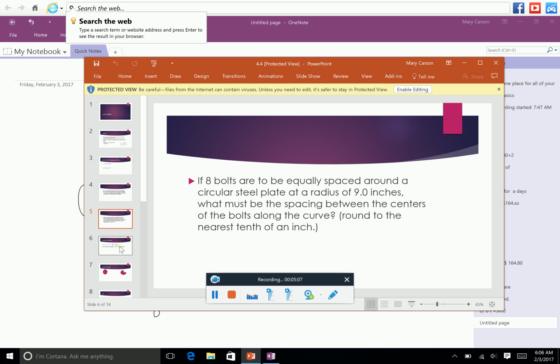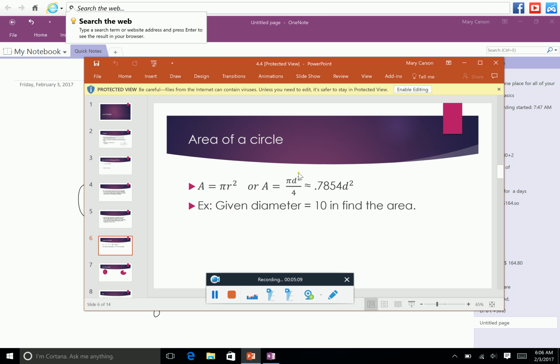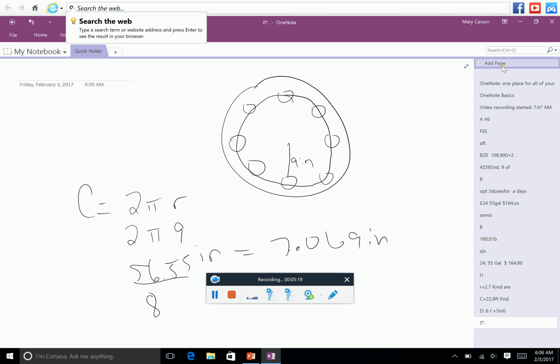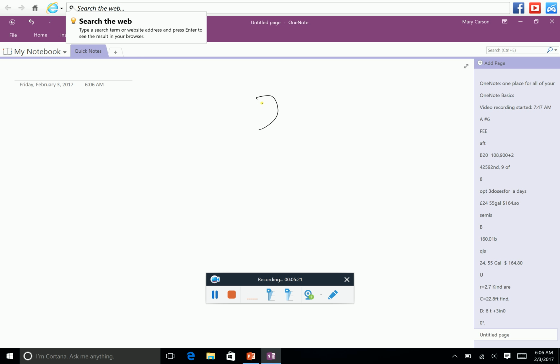All right, next one. So area is the inside, is either A equals pi r squared, or you can do pi d squared divided by 4. So if you're given the diameter is 10, how do you find the area? Well, how do you find the radius? If we're using pi r squared, we just divide this by 2, right? So your radius is 5.